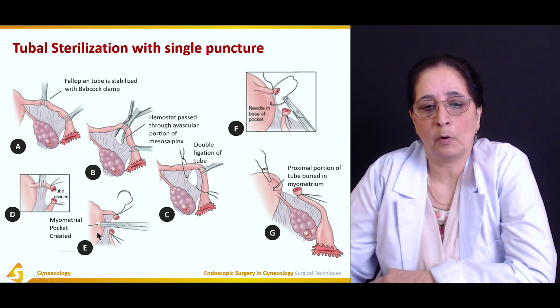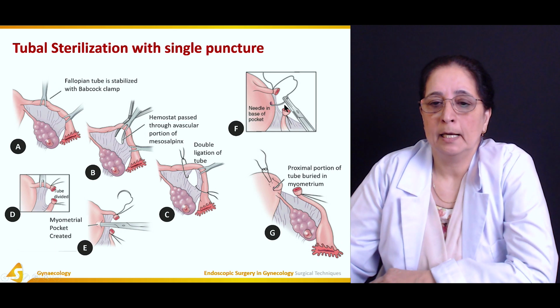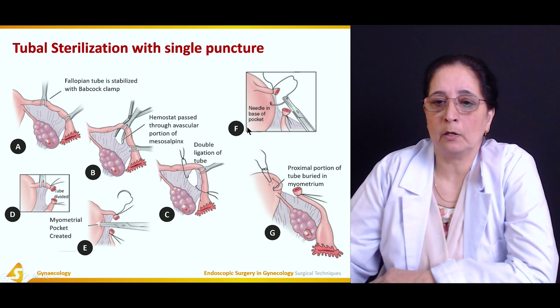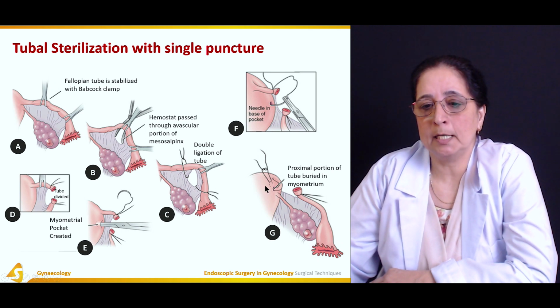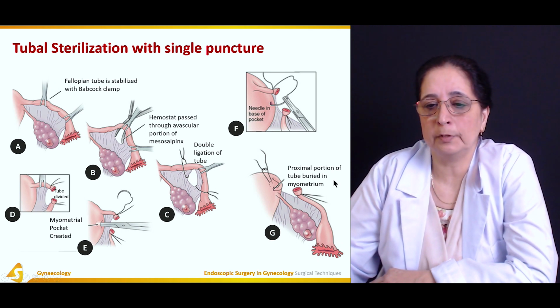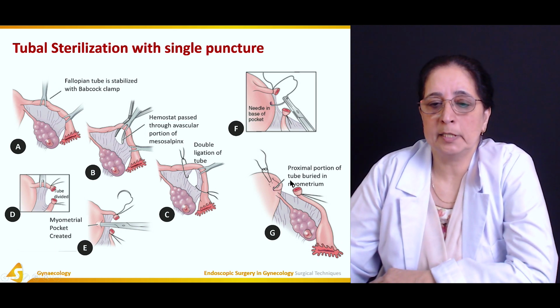A small pocket or a hole is formed, and then a needle is inserted in the base of the pocket, and then finally the proximal portion of the tube is buried in the myometrium here. So this is tubal sterilization with single puncture.